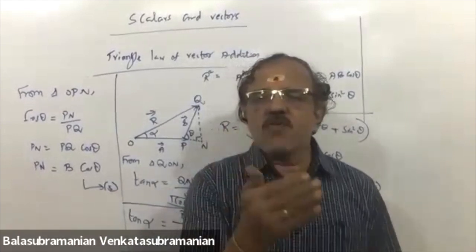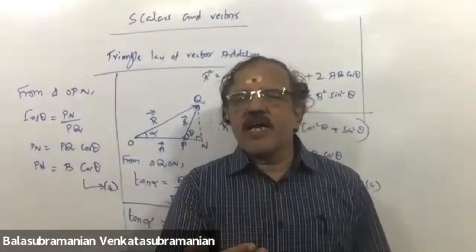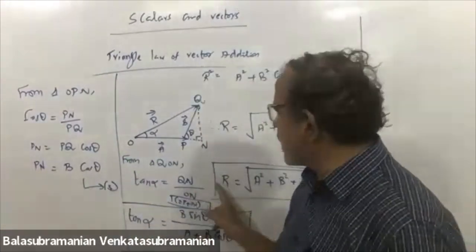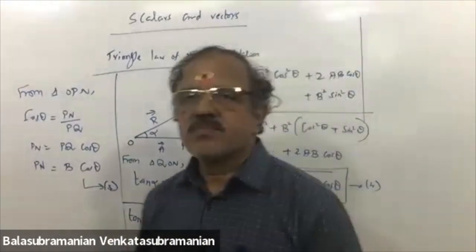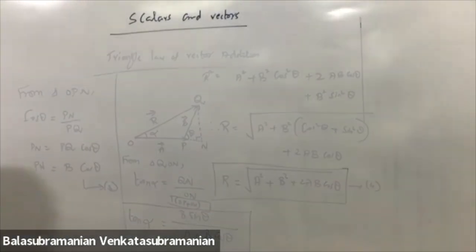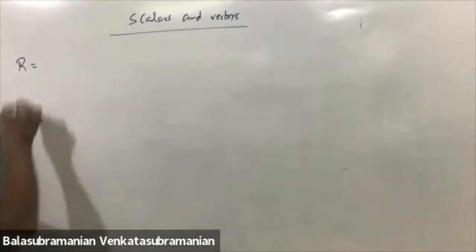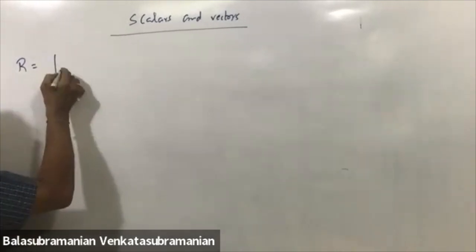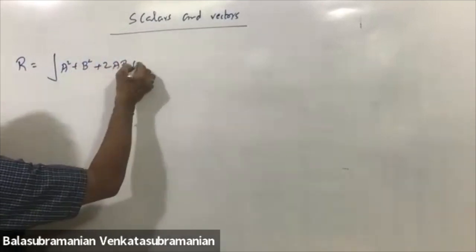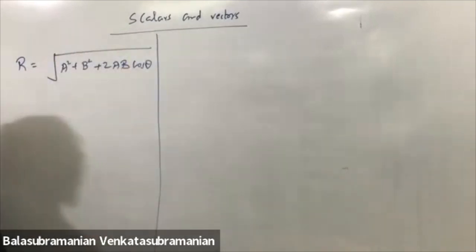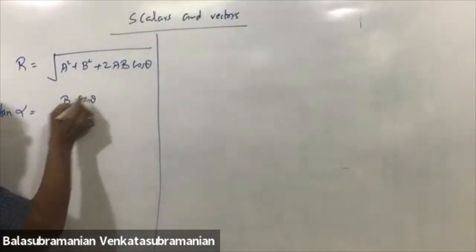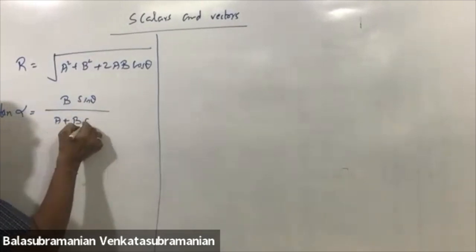So for theta equal to 0, 90, and 180, you calculate R and tan alpha.